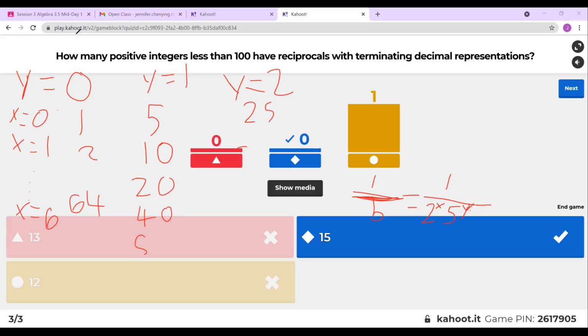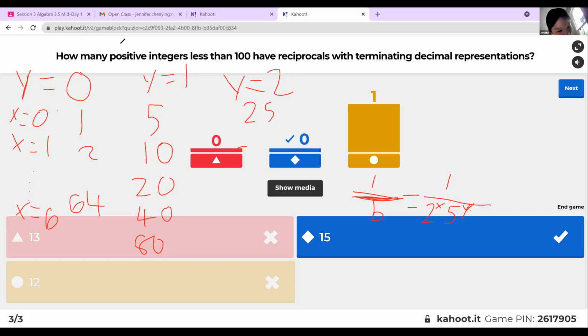Wait, I have a question. Go ahead. You said positive integers less than 100 have reciprocals with terminating decimal representations. Does that count multiples of 2, like 4, 2, 8, so on? Yeah, definitely.